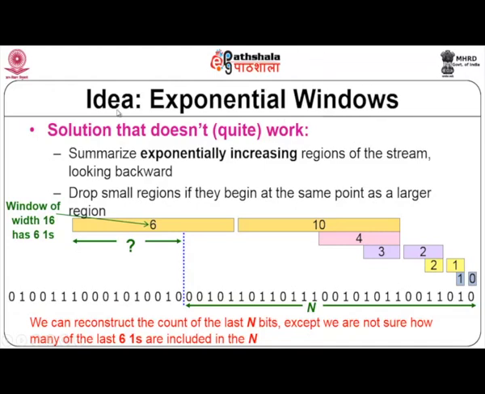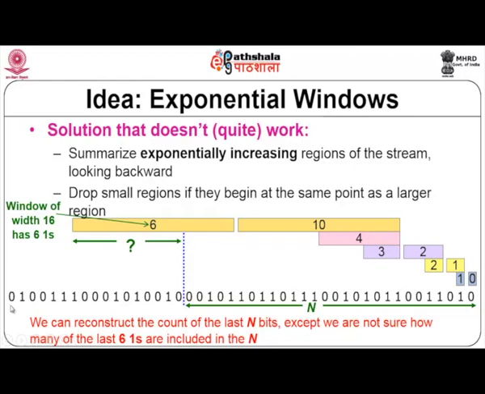As the name indicates, exponential windows means the size of the window varies exponentially. But this methodology, though it provides an approximate answer, may not work in all scenarios, because they assume the data elements are non-uniform in terms of distribution. What they are trying to do here is summarize exponentially increasing regions of the stream, looking backward, in the sense of looking over the past.